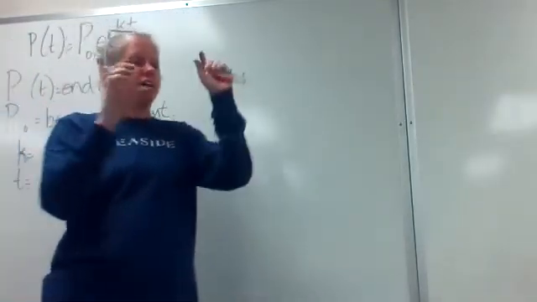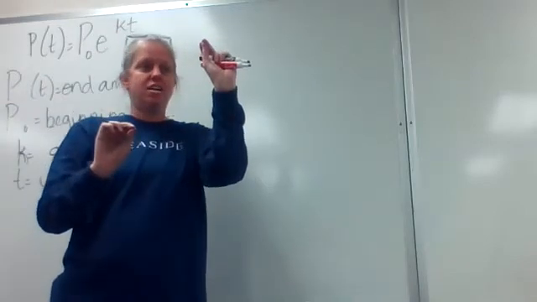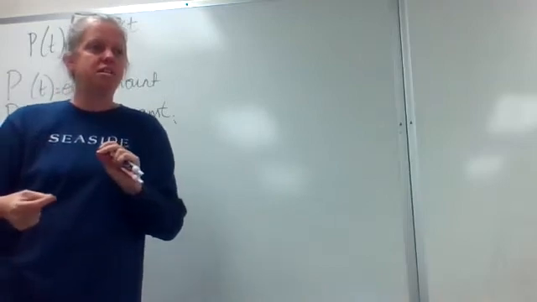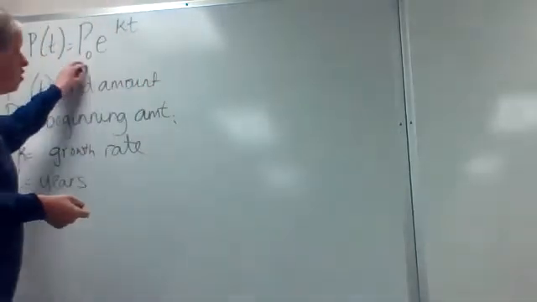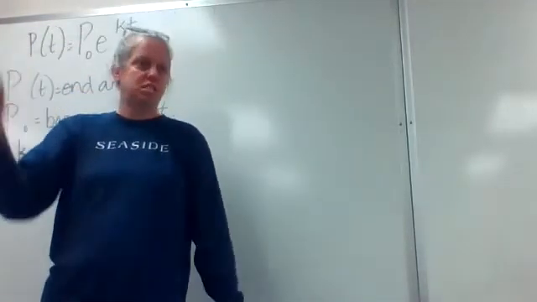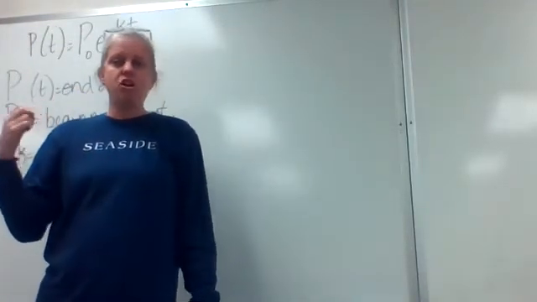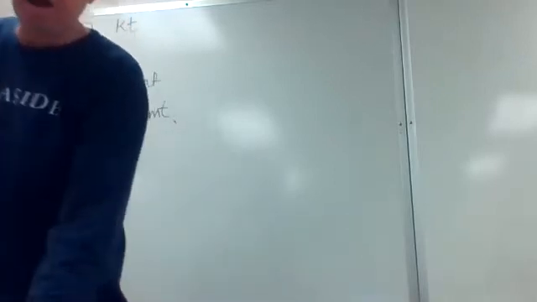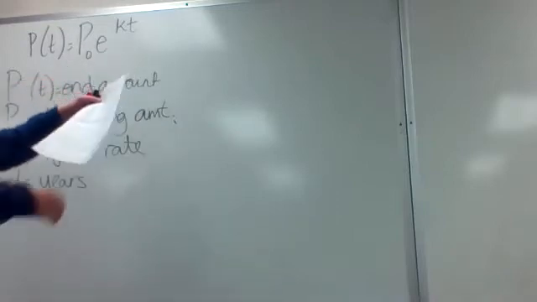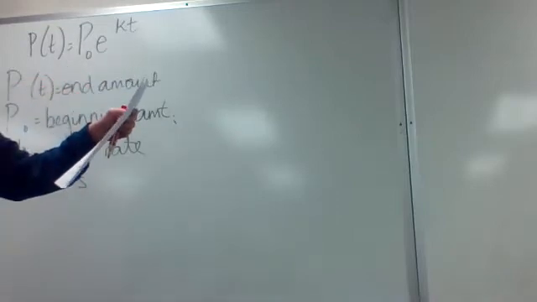And so that formula had that N, which you replace with the number of times per year it's compounded. This is going to be the formula that we're going to use if it's compounded continuously. So if your money is compounded continuously, you're going to use this exponential growth formula.